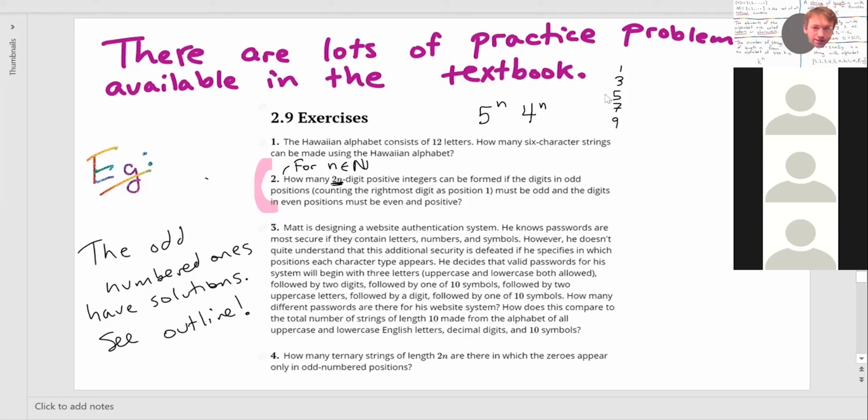The even positions must be even and positive, and 0 is not positive, in case anyone thinks it is. It's not negative either, but it's technically not positive. So the even positions each have 4 choices, so it's 4 to the n, right? You have n odd positions and n even positions, and there you go.